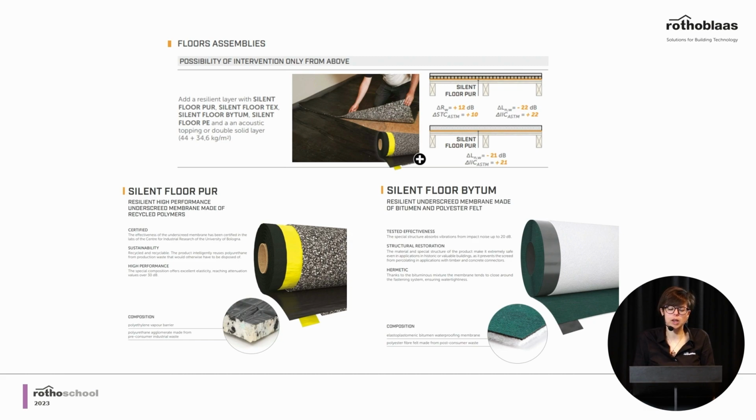On one side, we constructed a dry screed made with dry panels. Another possibility is to construct a wet screed, so the most traditional solution. And in both cases, we can see that we can get an improvement of around 21-22 dB of impact noise.